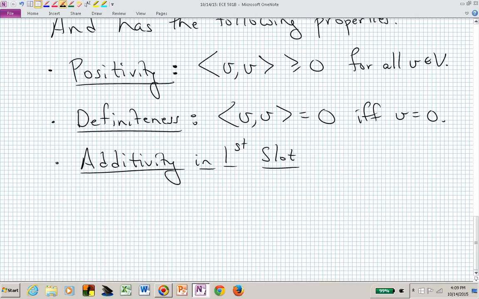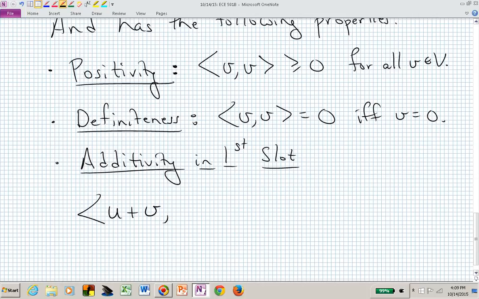But in this case, what we mean is if we have the sum of two vectors in the first slot, then this inner product needs to possess an additivity property in that first slot.